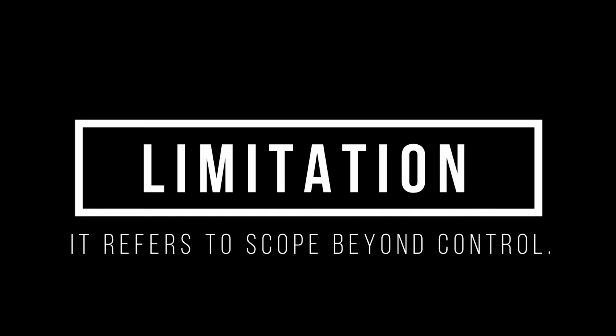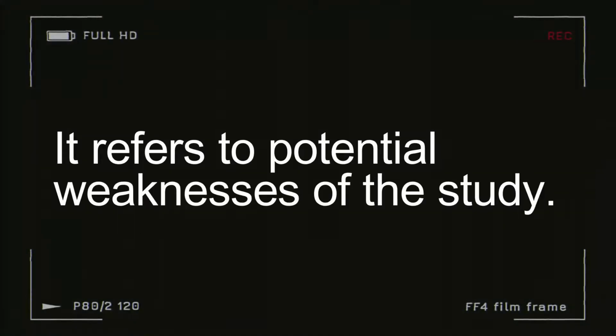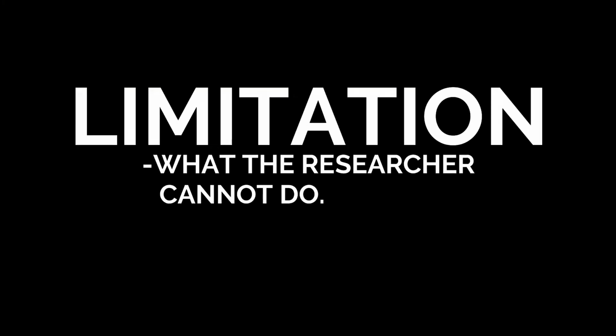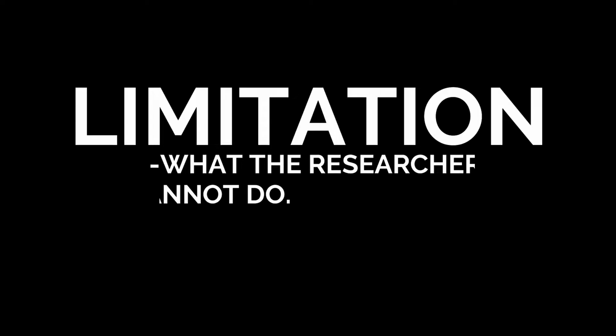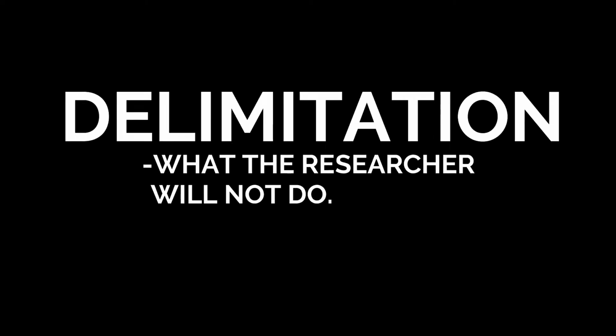They are characteristics of the research design or methodology that are out of your control but influence your research findings. Because of this, they determine the internal and external validity of your study and are considered potential weaknesses. In other words, limitations are what the researcher cannot do, and the delimitations are what the researcher will not do.